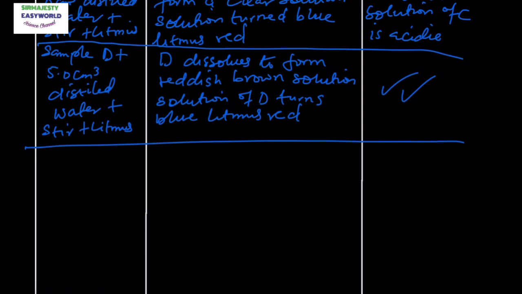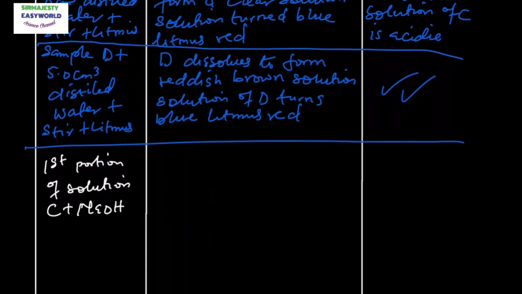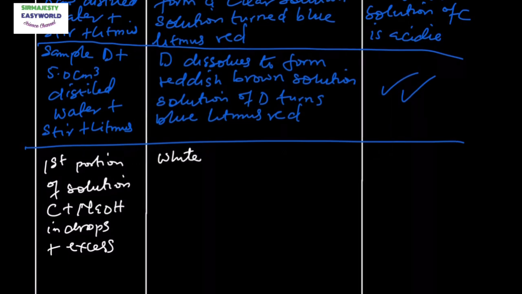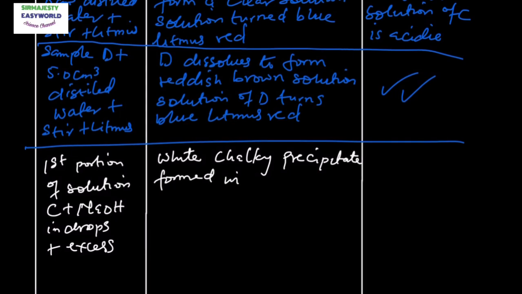So the 1B is: first portion of solution C plus NaOH in drops plus excess. Definitely we are talking about lead reacting with sodium hydroxide. It will give us a white chalky precipitate, or you can say PPT, formed in drops.